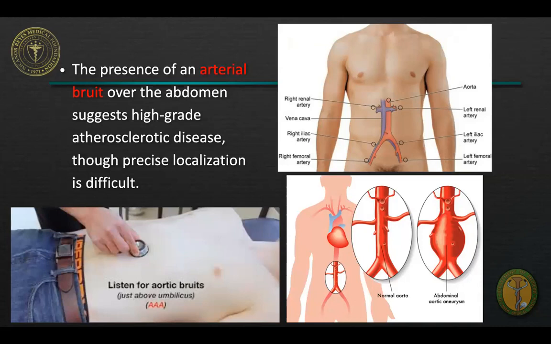Because palpation alone is not sufficiently accurate to establish the diagnosis of an aortic aneurysm, you need further studies or an ultrasound to confirm the diagnosis. Now, the presence of an arterial bruit over the abdomen suggests high-grade atherosclerotic disease, although precise localization is difficult.